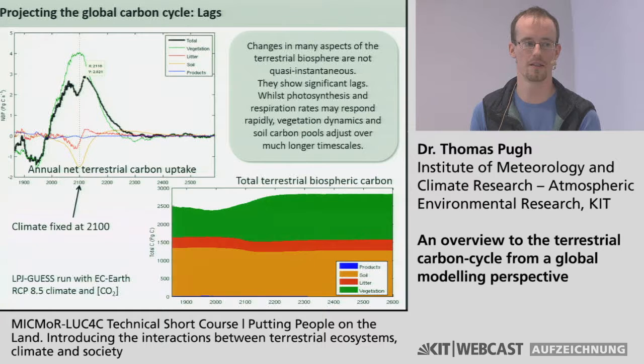And indeed, if you run our models now, just fix them at 2005 climate, for instance, and run them into the future, you see there's a large change just from the environmental changes we've had already that's built into the system. Even if we could completely stop all climate change right now, we'd still have large changes in the vegetation.